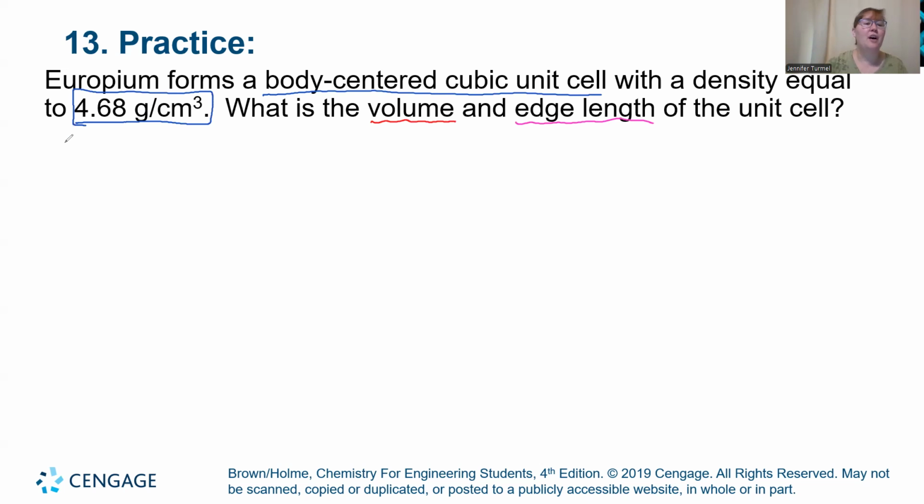Okay, so first of all, our step 1 is to determine how many units or atoms per cell. And because this is a body-centered cubic unit cell, we have 2 atoms per cell.